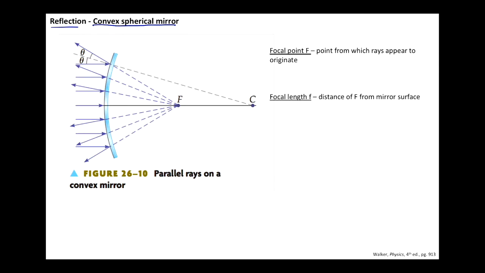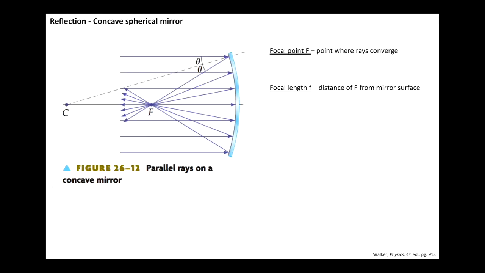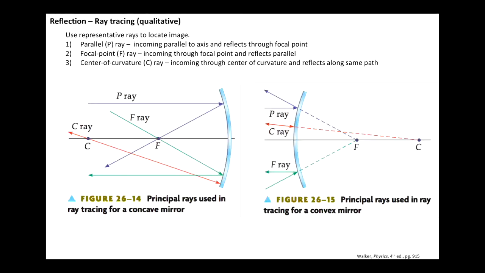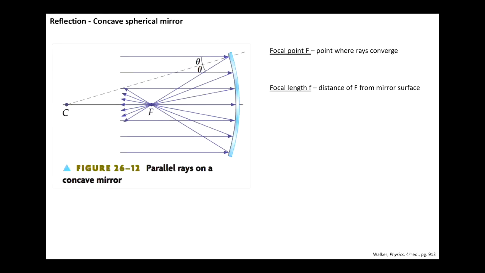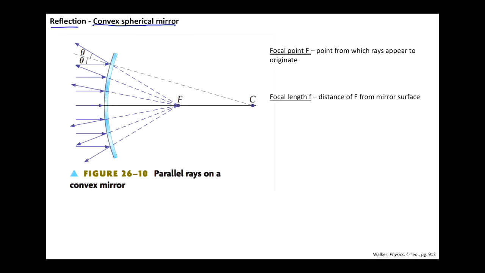Just as a little bit of preview, notice if you go to the next slide, we switch to concave and look at its basic idea. But then over here, we're going to revisit them once again and get into the analysis of what the light rays are doing. So at this point, I just want you to get a feel for what the overall picture is and where the image is located.